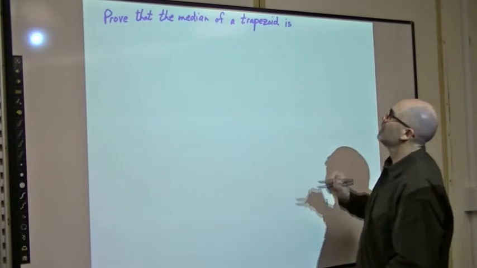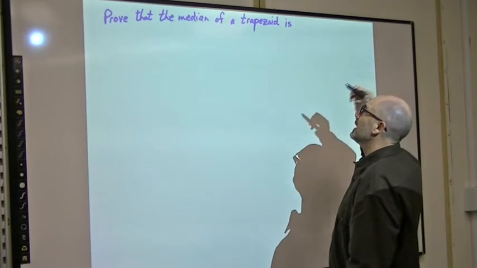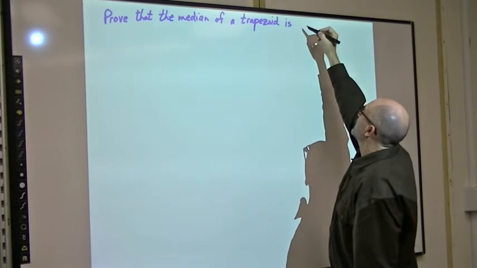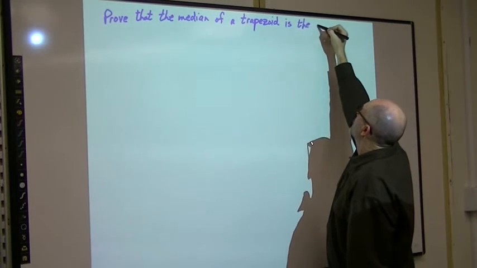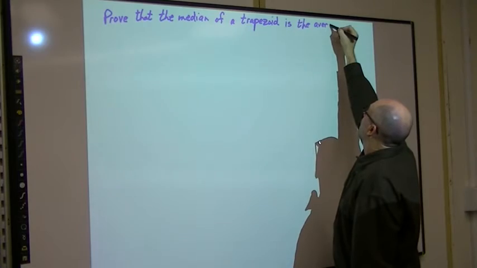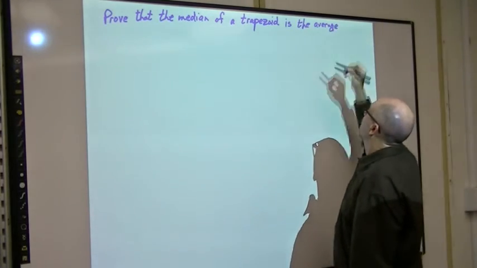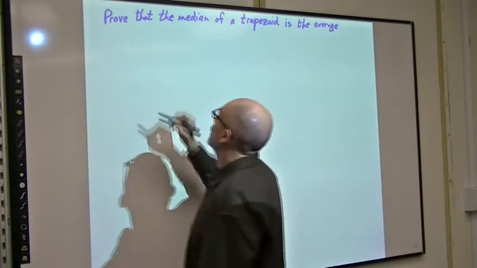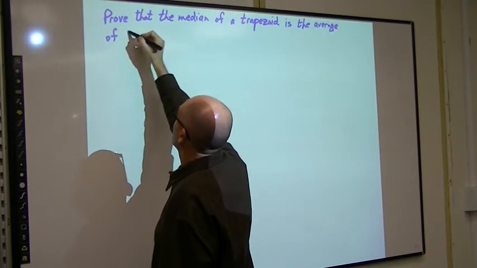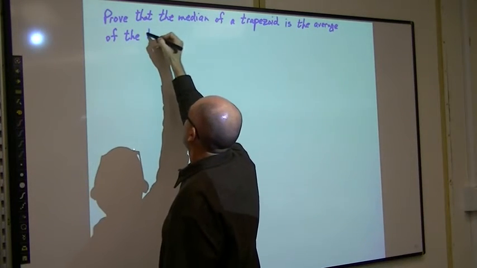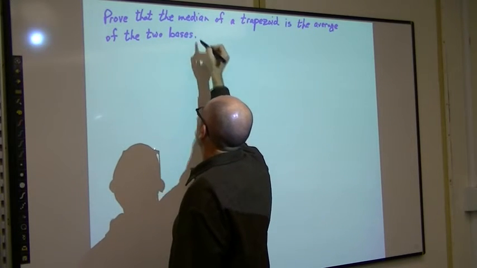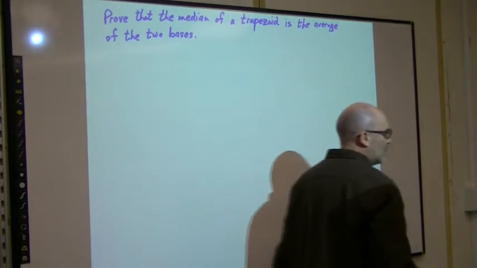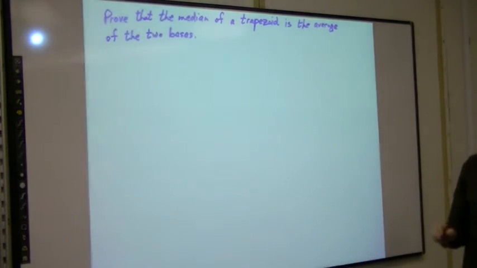Yeah, okay. Prove that the median of the trapezoid is the average of the two bases. Okay, that's it. We're going to prove that the median of a trapezoid is the average of the two bases.